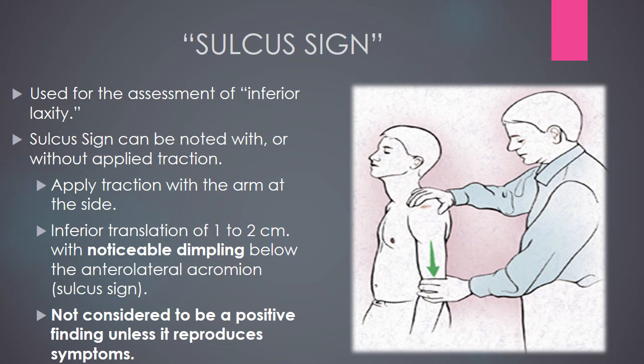So what kind of symptoms? Well, number one, pain in the examinee, and number two, muscular defense to counteract the applied traction and to counteract the attempt to sublux or dislocate the shoulder inferiorly.